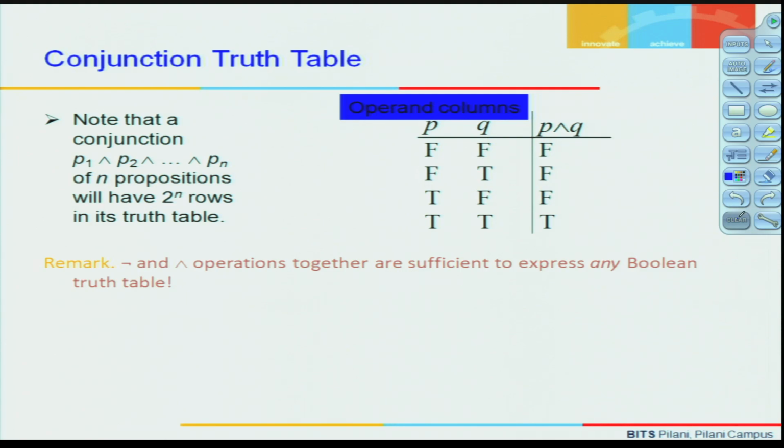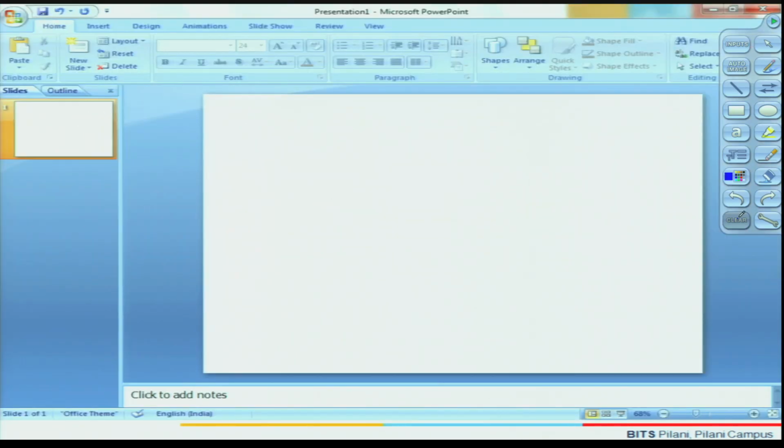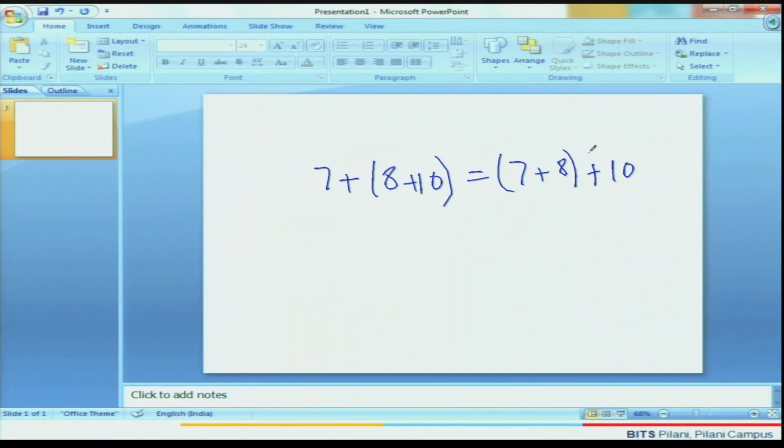And similarly, associative. I mean, 7 plus 8 plus 10 will always be equal to 7 plus 8 plus 10 however you group it, isn't it? You are able to do this simply because natural numbers under the operator addition satisfy the associative law. And now the same holds good even for propositions.